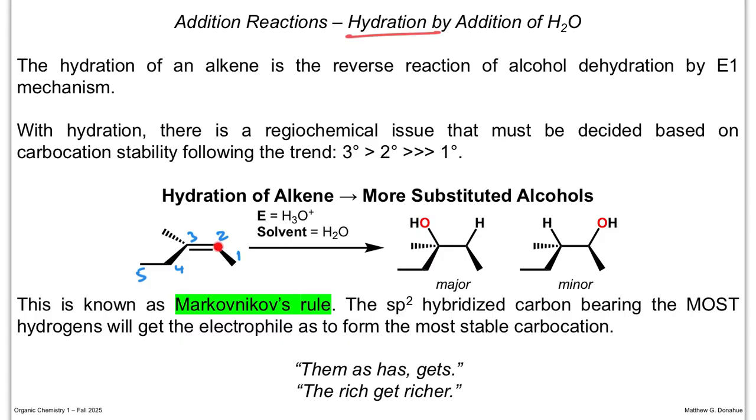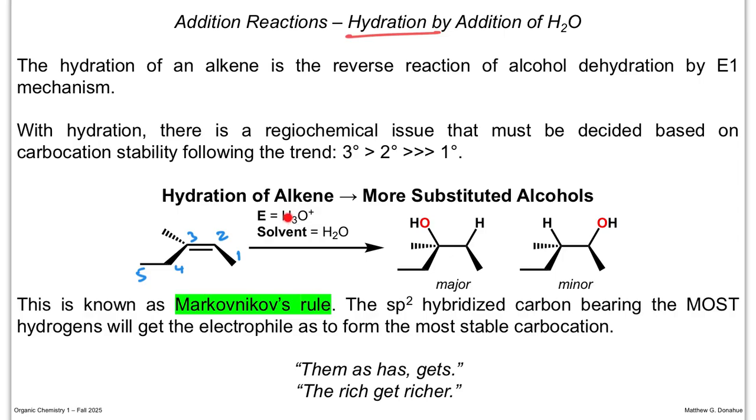When you look at the sp2 hybridized carbons of the alkene, you need to count the hydrogens on each. So carbon 2 has 1 hydrogen. Carbon 3 has none. Under the conditions of hydration, which use an acid as the first step, the alkene's acting kind of like a base to abstract an acidic proton.